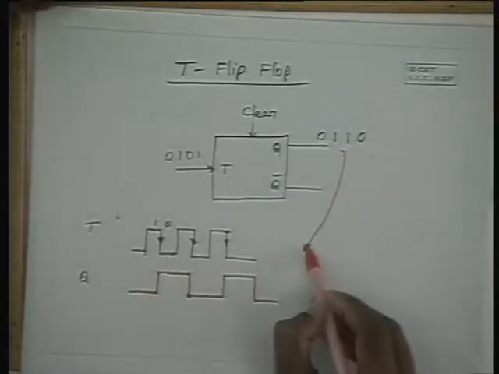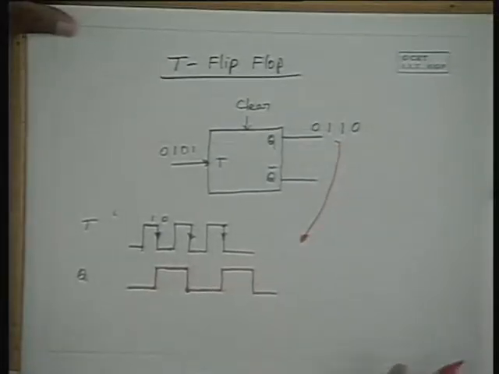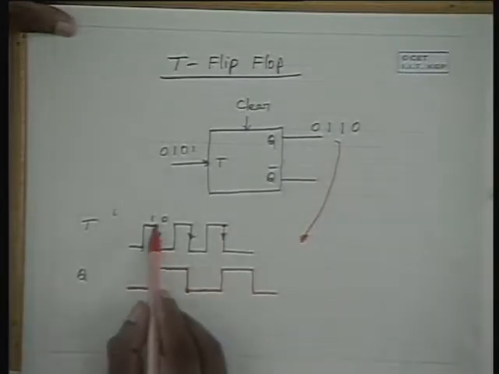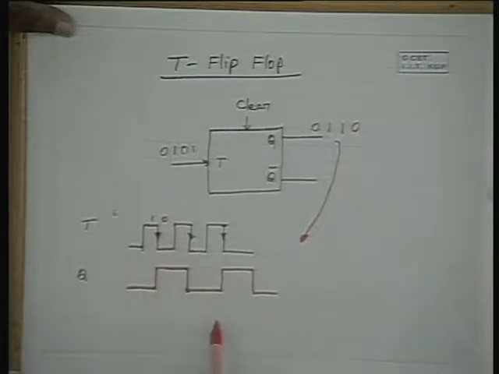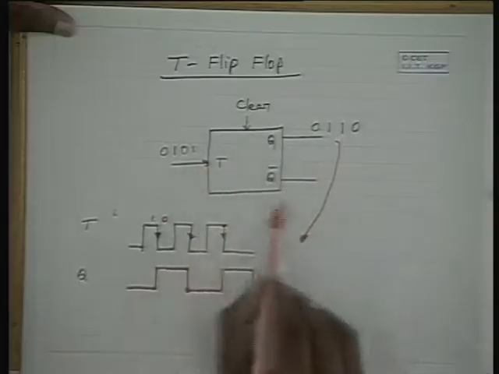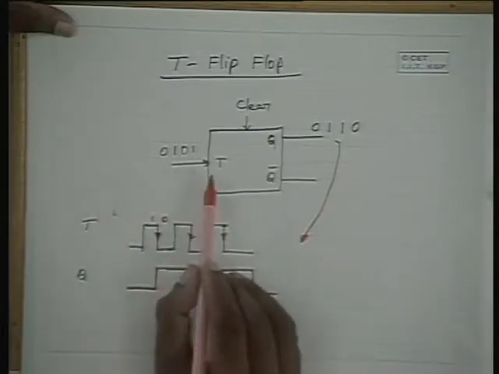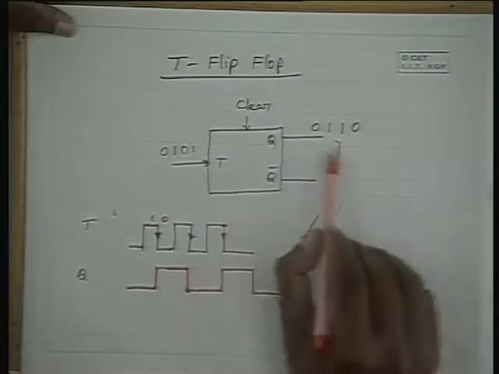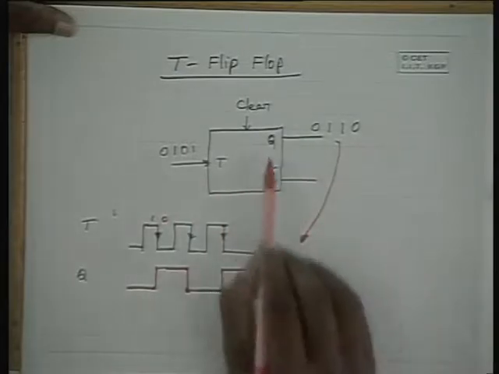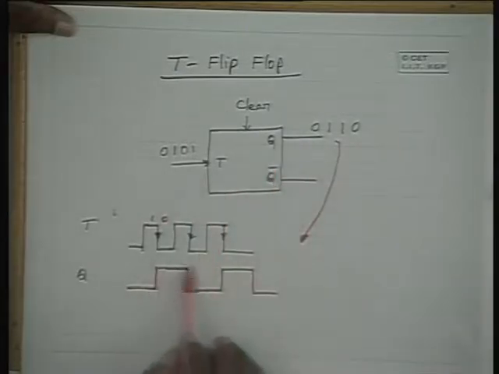At this point it gives a square wave output, but the output here is half of this frequency. That means this toggling flip-flop is dividing the frequency of the input square wave by 2, and it is giving an output square wave. Hence a toggling flip-flop can be used as a divide by 2 counter.